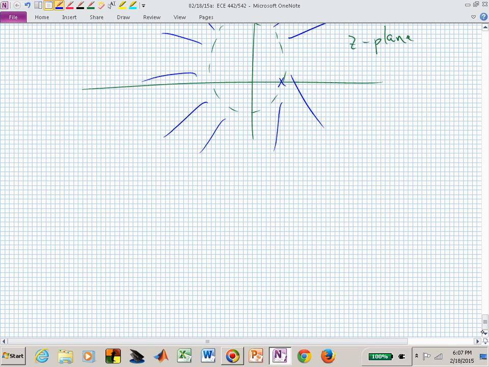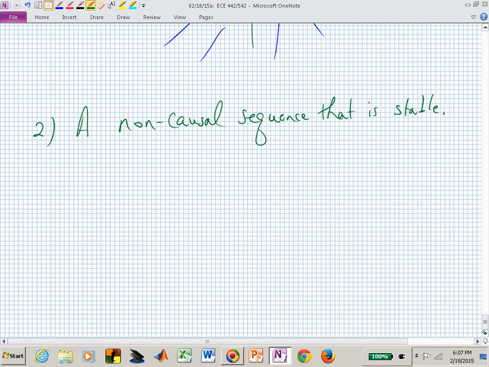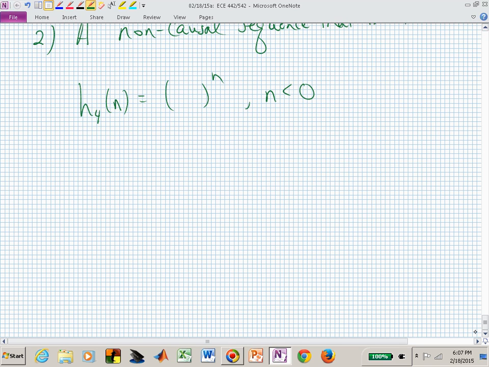And finally, for these two patterns that I'm dealing with, we can have a non-causal sequence that's stable. What's that look like?